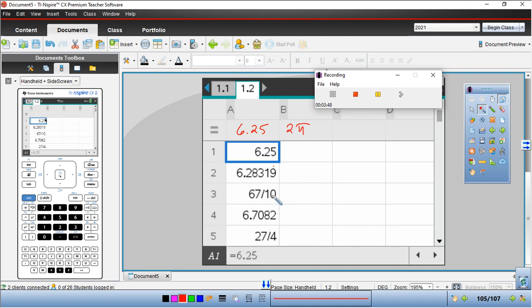And then this one over here is 67 tenths. And then this one is 3 times the square root of 5. And then the last one will be 6 and 3/4. Okay, that's it. Moving on to the next one.